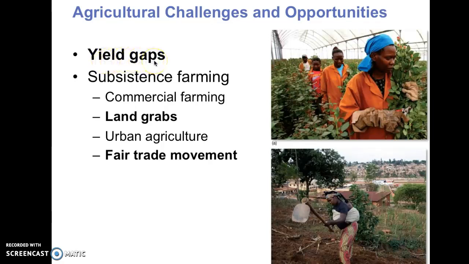Agricultural challenges and opportunities. So there's yield gaps. There's big differences in the yield. Here you see laborers working in a greenhouse, and here you see an individual trying to grow food.